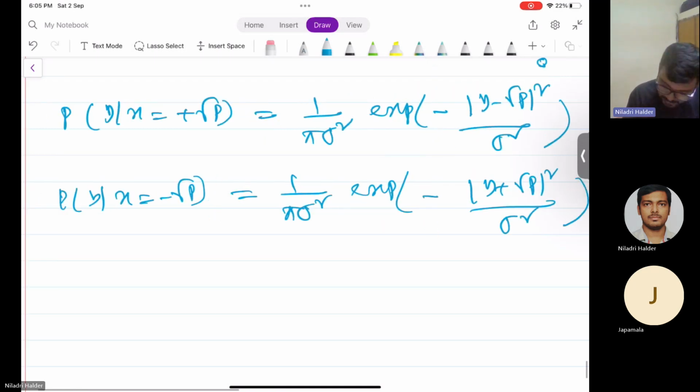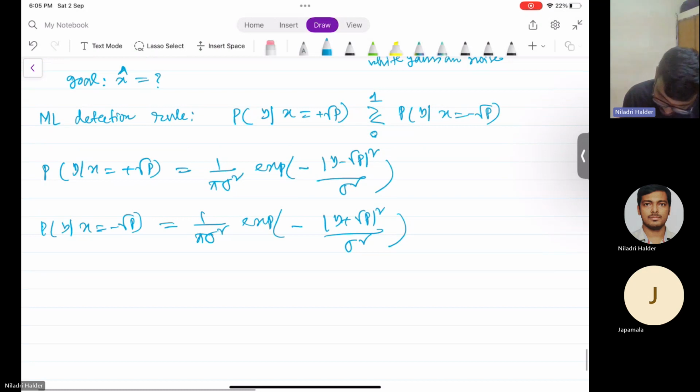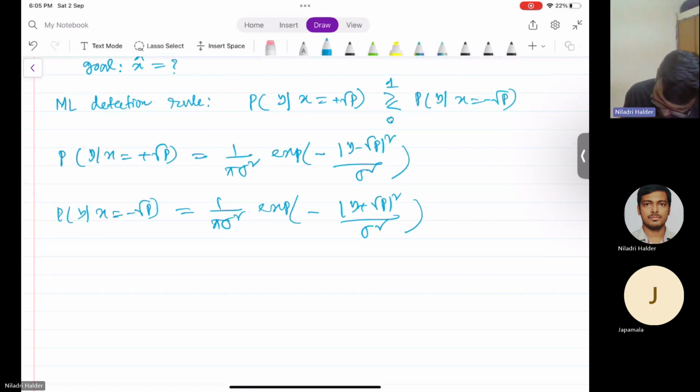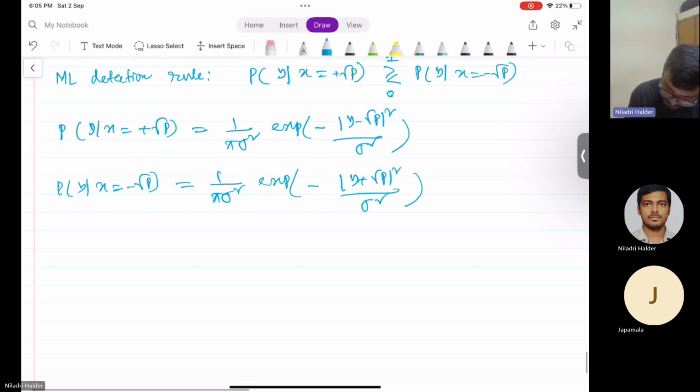So putting this into the PDF in this detection rule, and taking the log also.